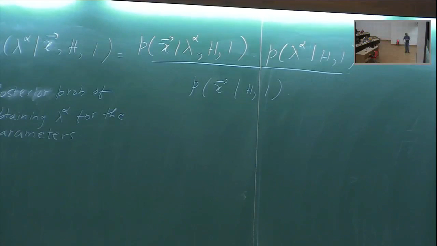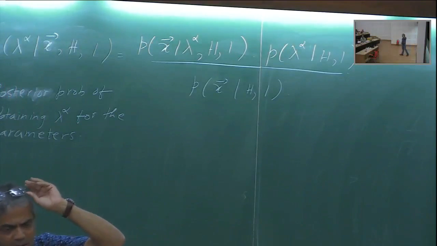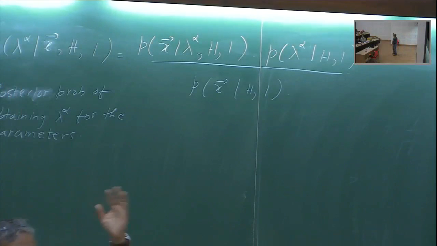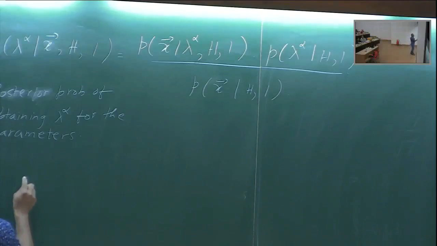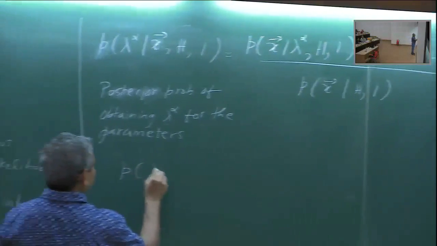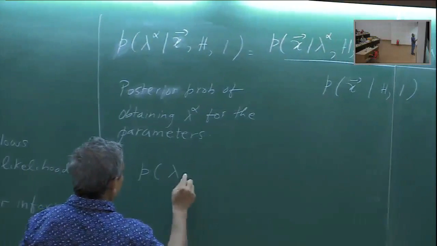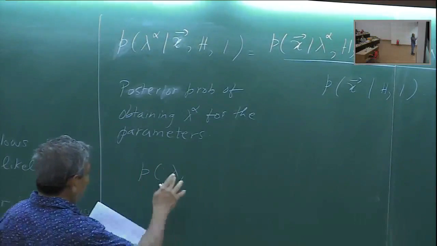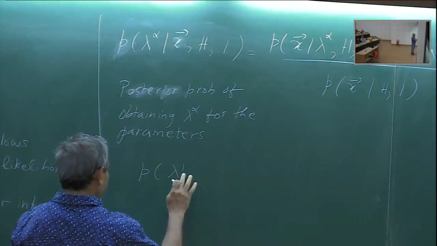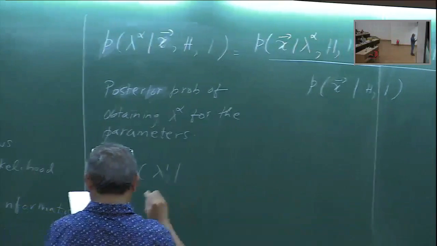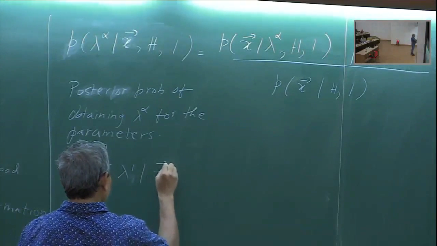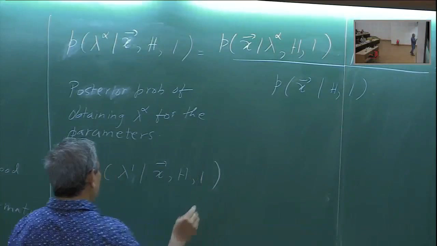Now, this is the joint probability distribution for a number of different parameters. I have masses, position of the source on the sky, inclination, polarization angle, etc. So oftentimes I'm interested in just one particular parameter, P of lambda 1, given the data and the method and all other information.